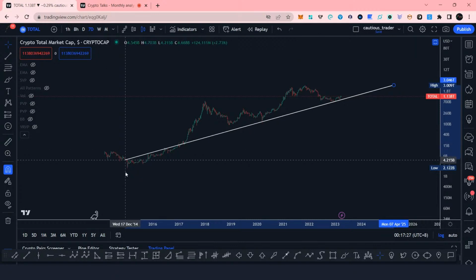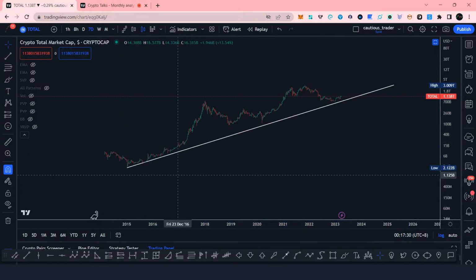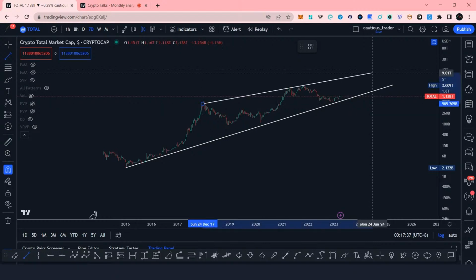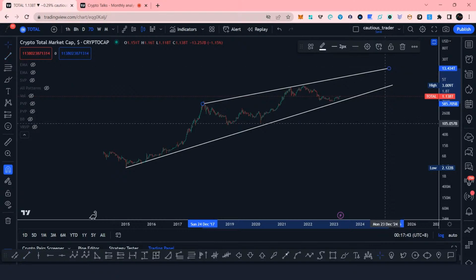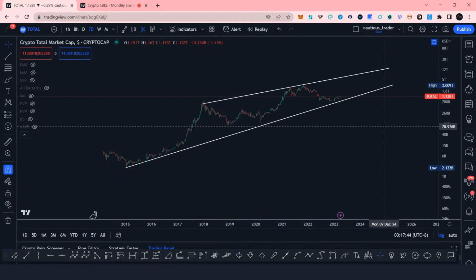Kasi nasa ano siya eh, close to support na siya. So, yeah, kasi sa 7 days, three bullish confirmations na eh. And even here, no, it's actually very close to the support area.